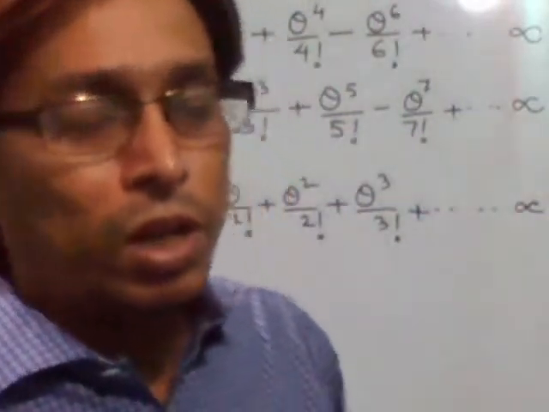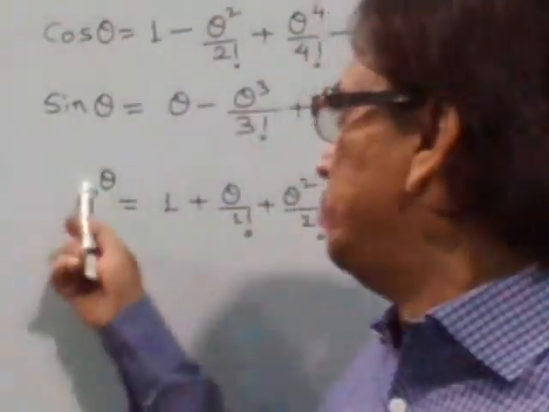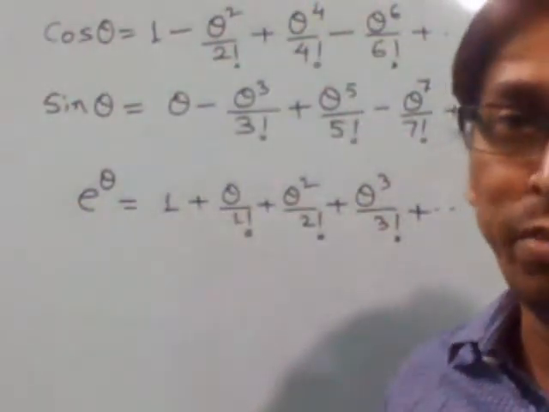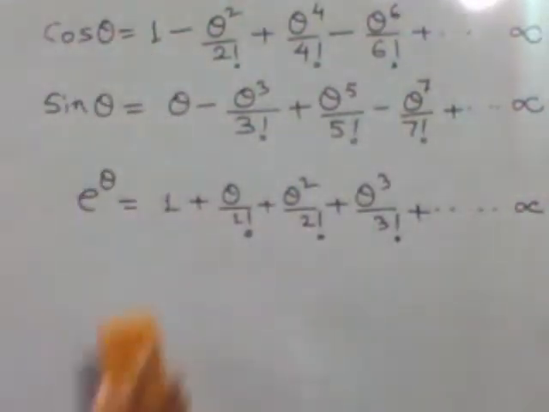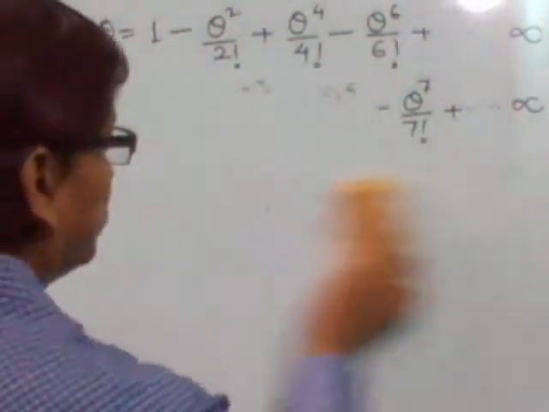Now if we put i in place of here, if we make this e to the power i theta, then let us watch what we are getting. If we put e to the power i theta, then the series will be similar to what we saw in the case of theta, but here an i will be included.